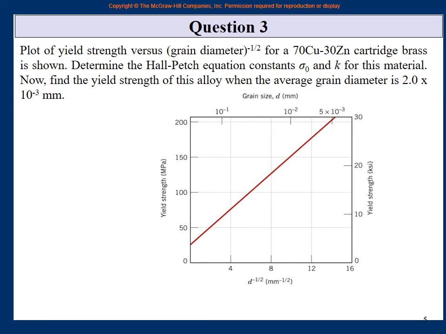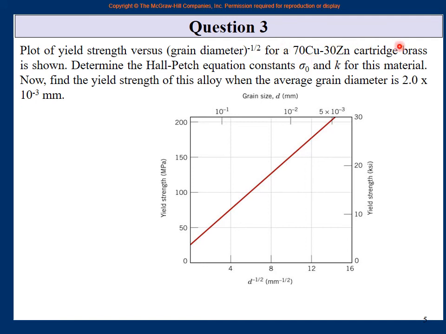Plot of yield strength versus grain diameter raised to minus half. Grain diameter raised to minus half means 1 upon root, right? So a plot of yield strength versus this for a 70 copper 30 zinc cartridge brass is shown. So this is a copper zinc alloy in which the percentage of copper was 70% and the percentage of zinc 30%.